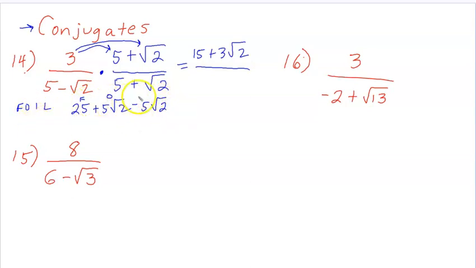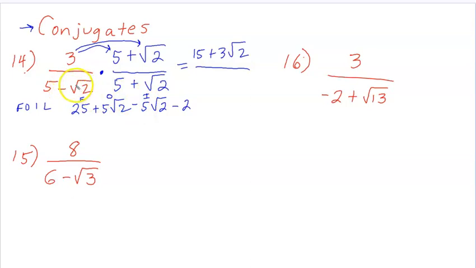So we've done FOI, and now let's do L. L means to multiply the last terms together. So it's going to be negative, because a negative times a positive is a negative, and then root 2 times root 2 is root 4, but that simplifies into 2. All right, so let's put it all together. Do you notice these two radical expressions, they cancel?